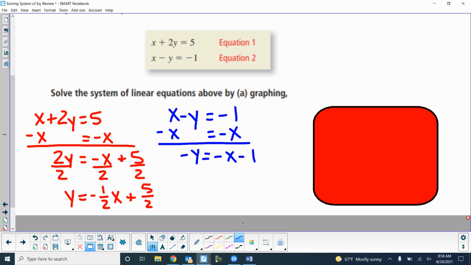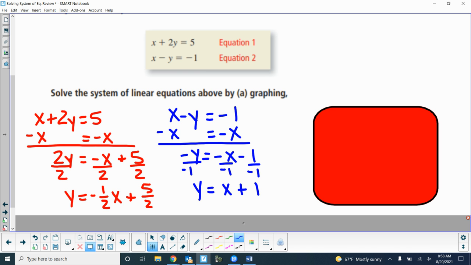So when I go to the opposite side, I'll do the opposite of multiplying: divide. So I divide by negative 1. That's what we do with the 2, right? That's 2 times y, so going to the opposite side, we divide by 2. So I get positive y, and positive x, and a positive 1, right? Negative divided by negative is positive. So there's my 2 equations in slope-intercept form, all right?